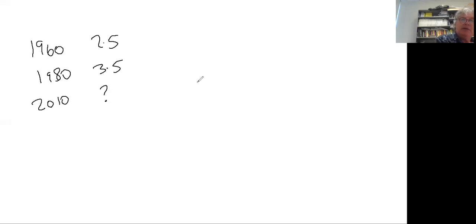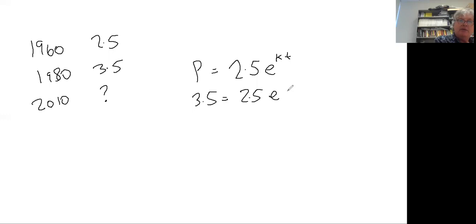Okay, so the population is going to be P naught. So let's start at 1960. So P naught is 2.5 billion, e to the kt. And so we can use the 1980 data, and that's what happened over 20 years.